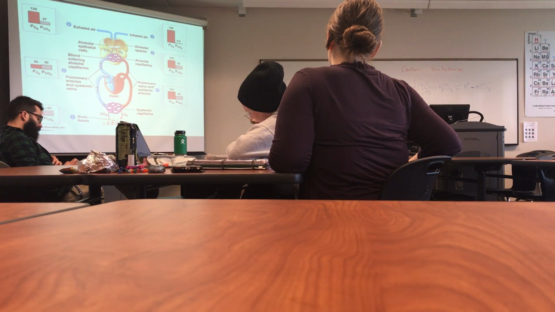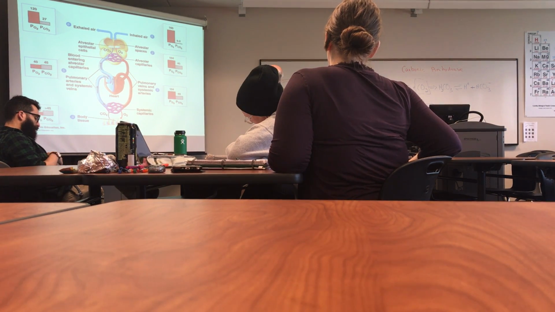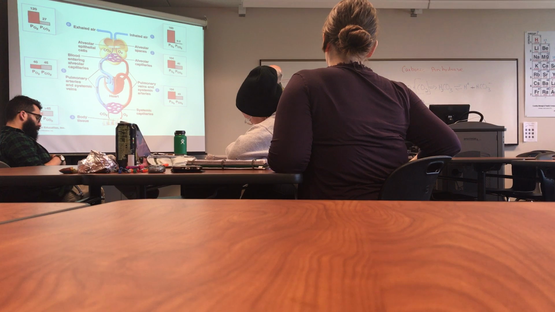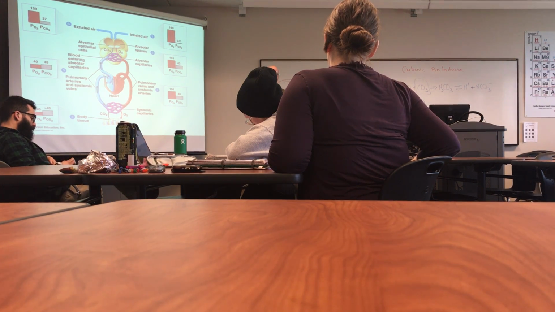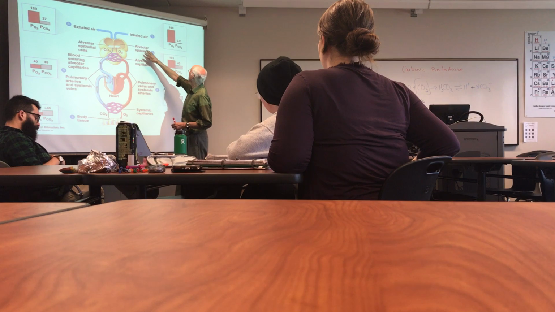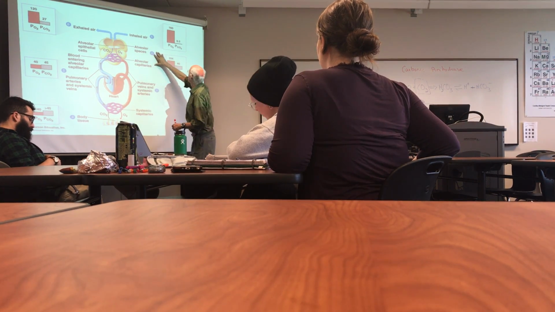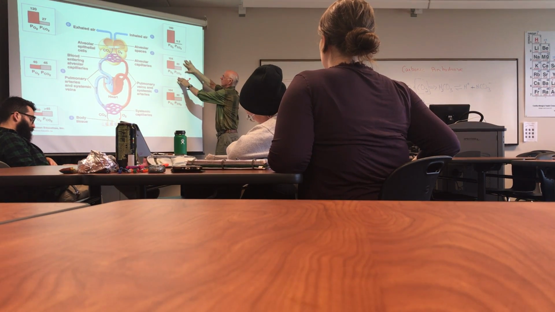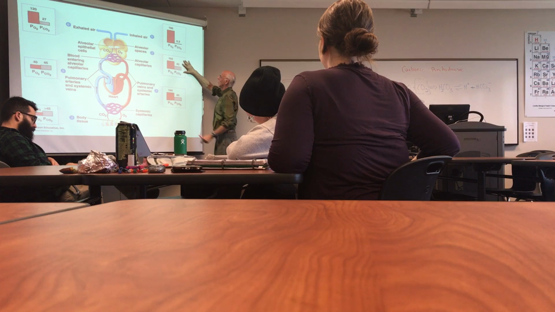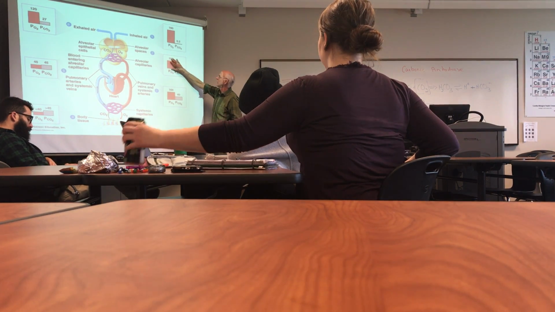Now, in the alveolar spaces, again, a lot of this is more dynamic than we're allowing it to be. But in the alveolar spaces, that's what this is telling us. And we have to kind of assume that it's constant.